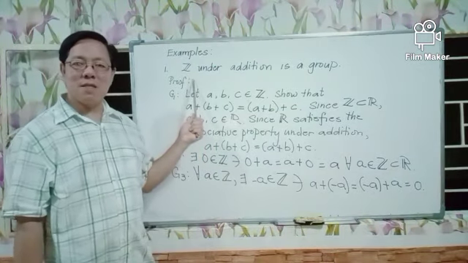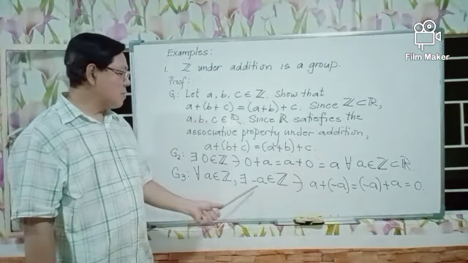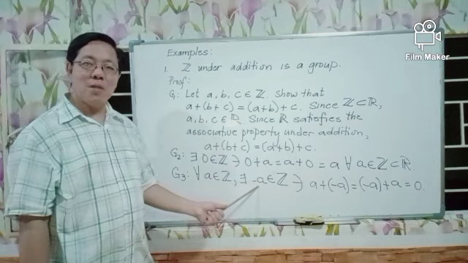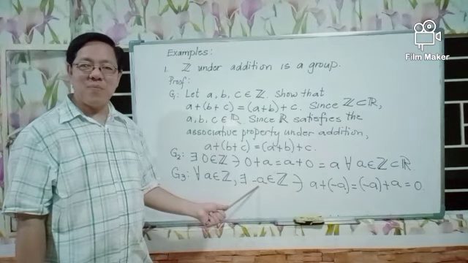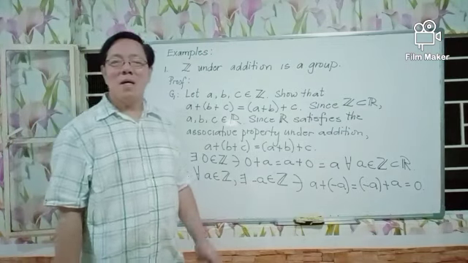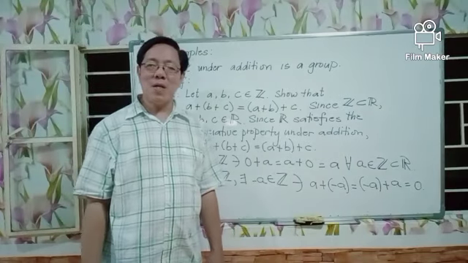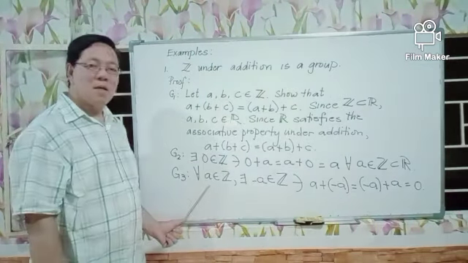in set Z. Now, this minus a for this particular example of a group is called the additive inverse or negative of a.